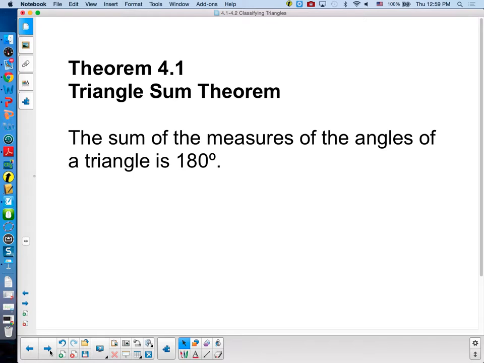What if one of them's 90? If you had 2 90s, you would not make a triangle, correct. But if I do have a triangle and one angle's 90, can you tell me anything about the other two? They have to equal 90.